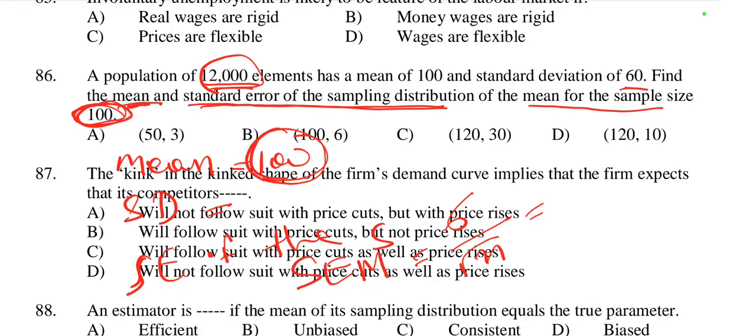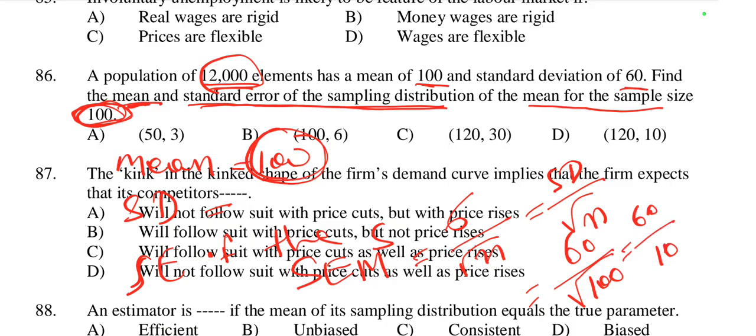So here the standard deviation value is 60 by root n, where n is 100. The mean value of the sample of size 100 is 100.